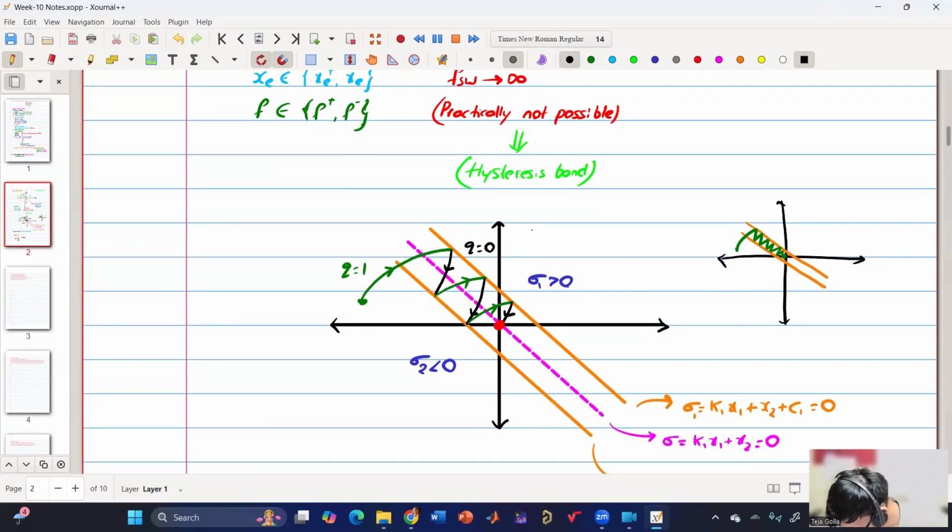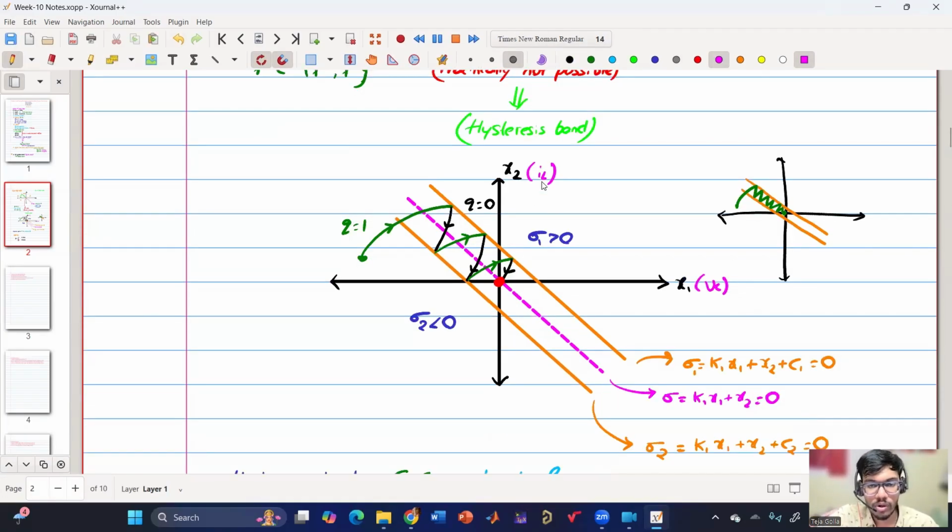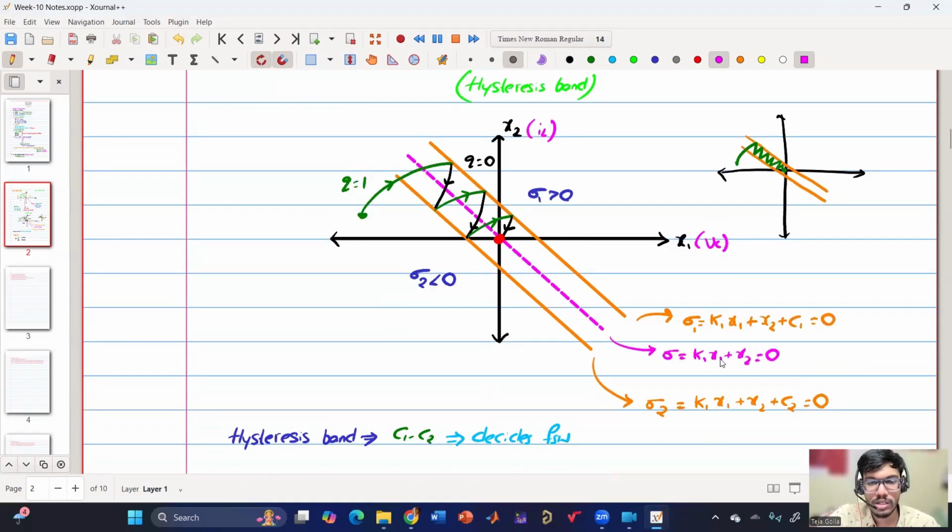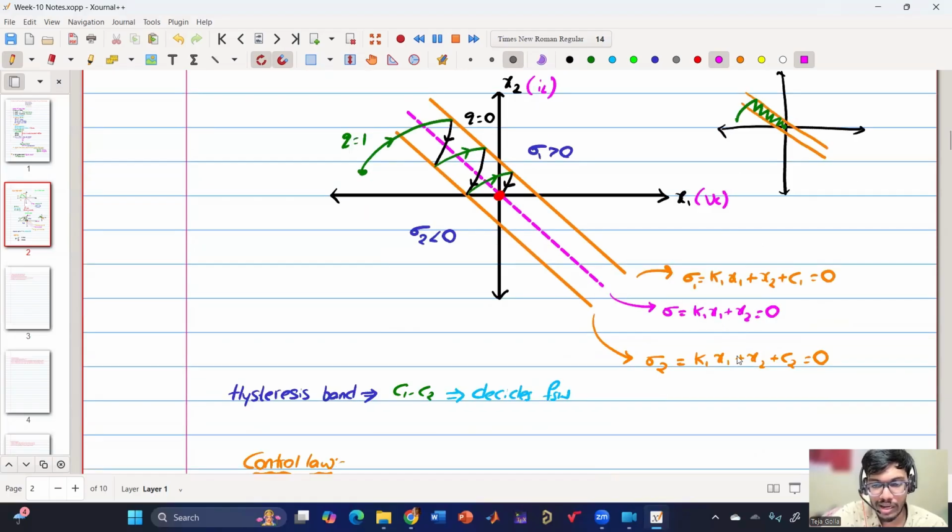This is my x1 and this is my x2. Say my x1 is the capacitor voltage, and x2 is related to the inductor current. I know the inductor current and the capacitor voltage, so I'll calculate sigma 1, which is k1 into vc plus il plus c1, the constant that we have fixed, and likewise I can find sigma 2.